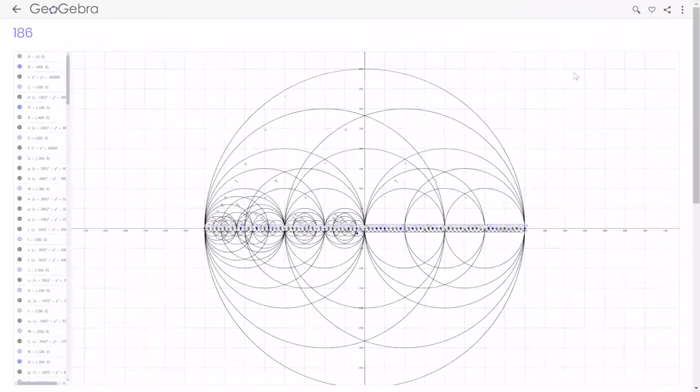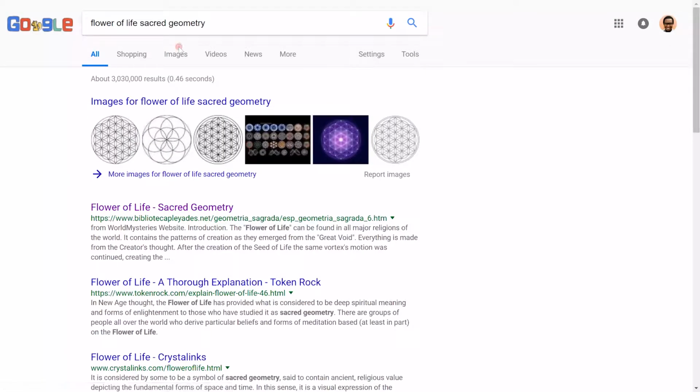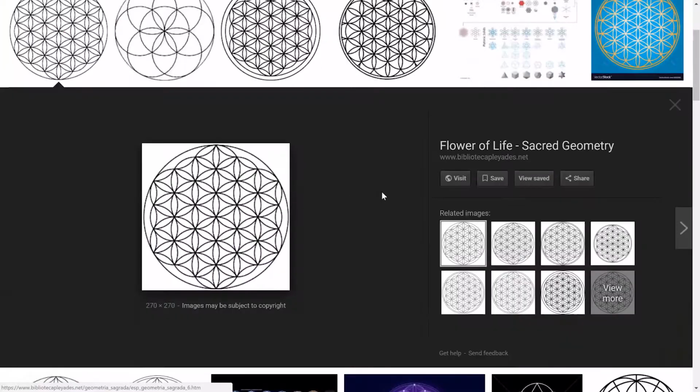I used GeoGebra to design this, and I should shout out Carson for this, because I wasn't into this whole Eastern spiritual science kind of thing. He introduced me to sacred geometry, and he was like, yo bro, check this out. So I checked it out, and he was doing some really cool stuff with it, like the flower of life. He used a compass to draw it and stuff like that, but I wanted to use it technically.